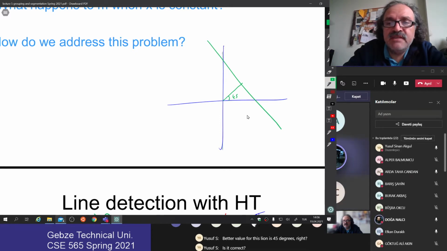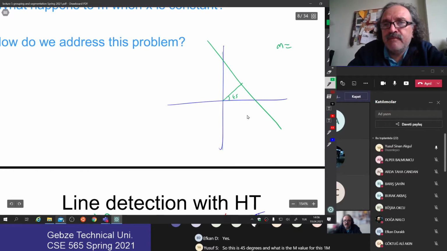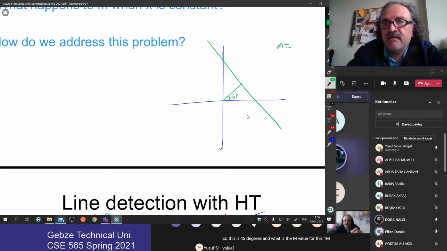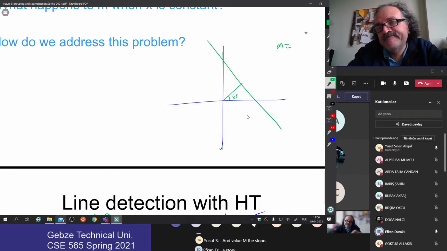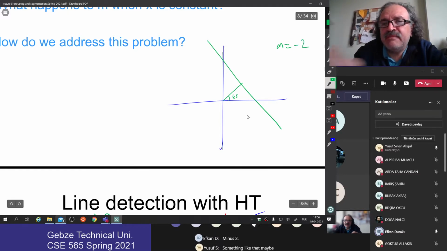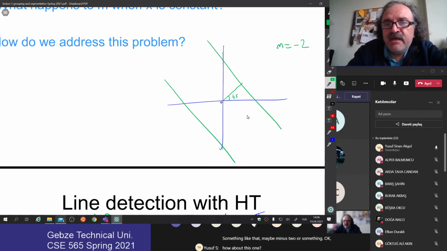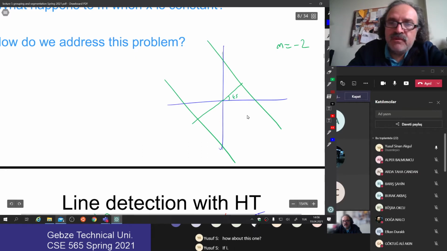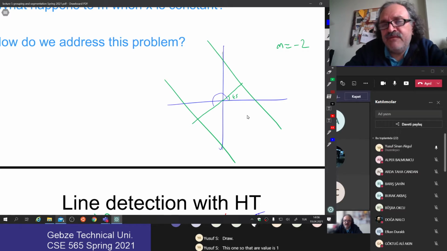Yes. So this is 45 degrees. And what is the m value for this one? The slope? Minus 2 or something. Okay. How about this one? If I draw this one, so the theta value is 135.